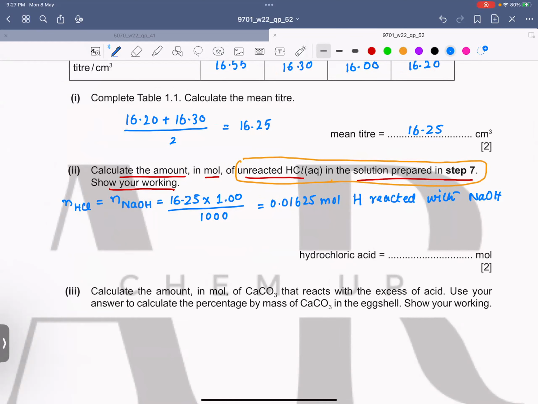But the volume that we have prepared the solution is 250 centimeter cube. So we would find the number of moles in 250 centimeter cube.